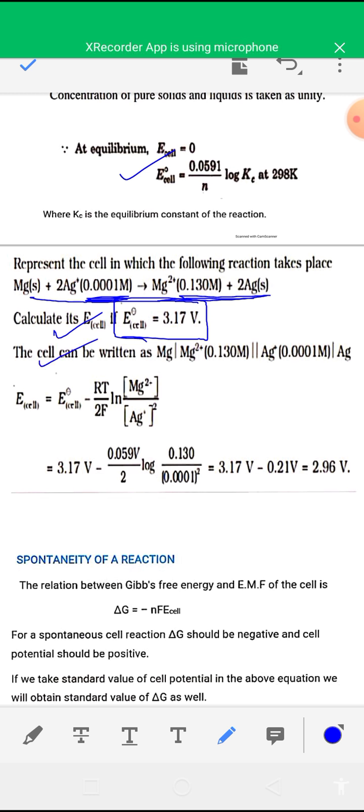So the cell reaction is given. The oxidation half is Mg to Mg2+. This is the anode, and Ag+ to Ag is the reduction. So the oxidation anode is Mg to Mg2+, then you have to give the salt bridge, and then Ag+ to Ag is the cathode, and the concentrations you have to write within brackets.